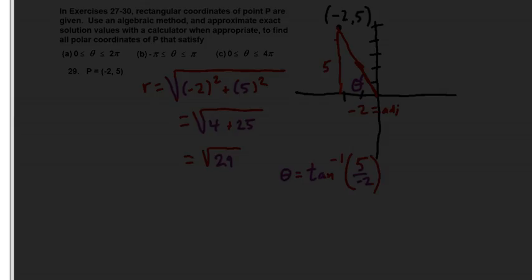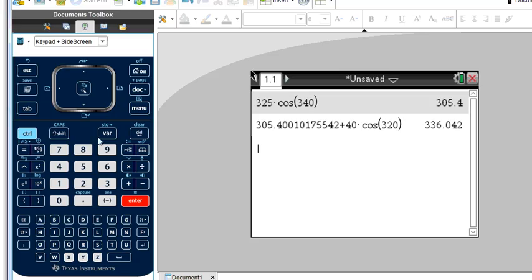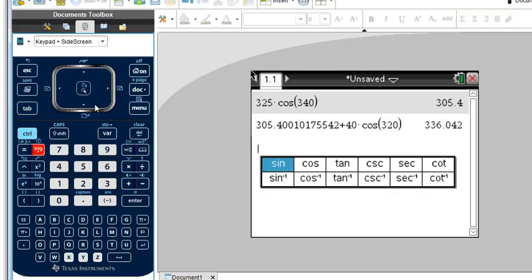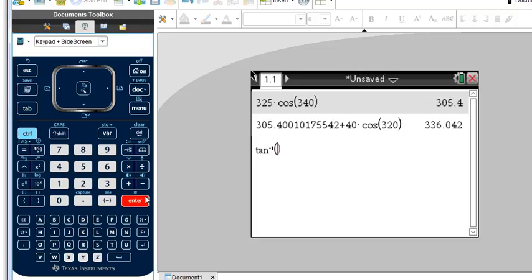So we go here, and so we have this inverse tangent of 5 over negative 2. So we get this for an answer.